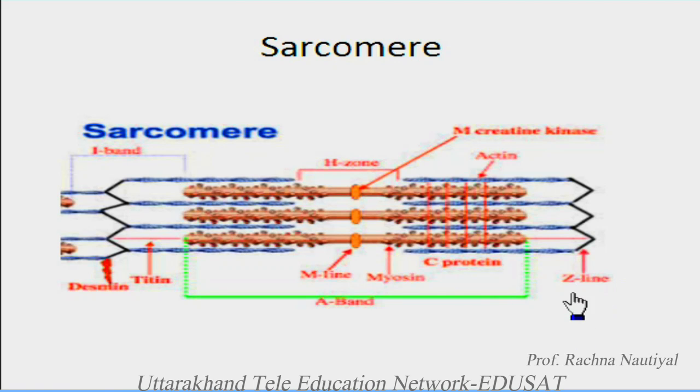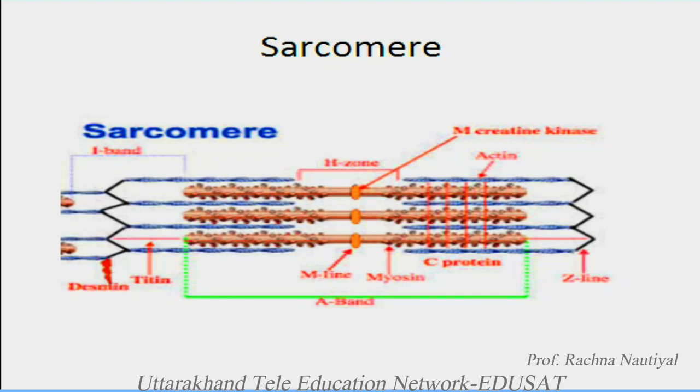So how is the arrangement? Alternately they are present in a sarcomere. One thin filament, then a thick filament, then again a thin filament of actin, a thick filament of myosin, then again a thin filament of actin.